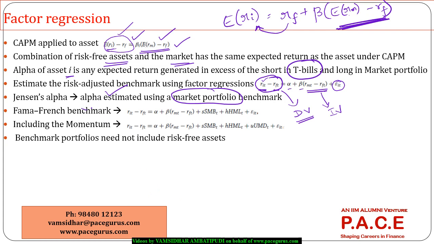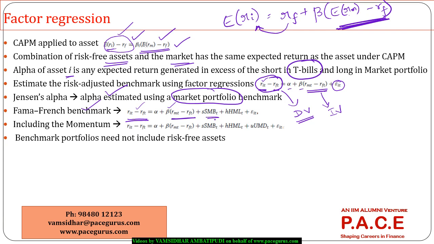Similarly, we also have a Fama-French benchmark, where we are talking about the excess return on the security. This is a multiple regression model. We are talking about the market returns minus the risk-free rate of return at that particular point, and beta is the coefficient.